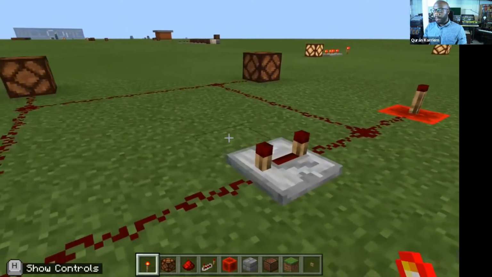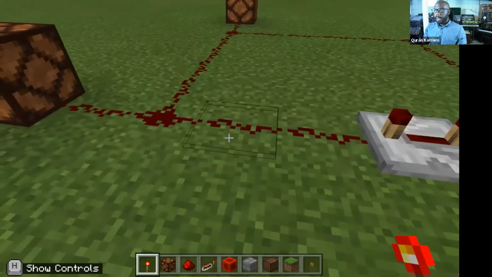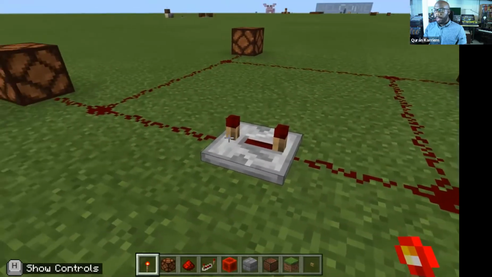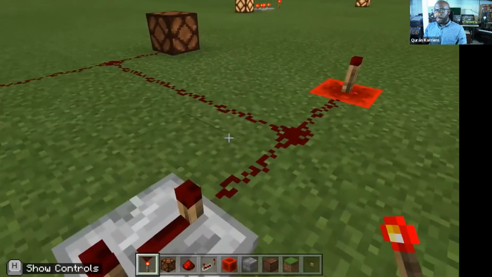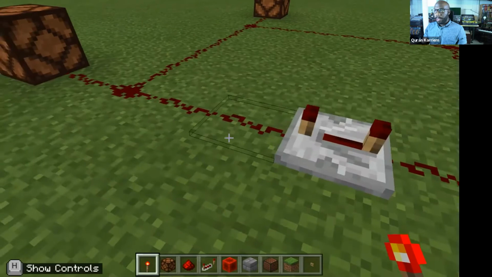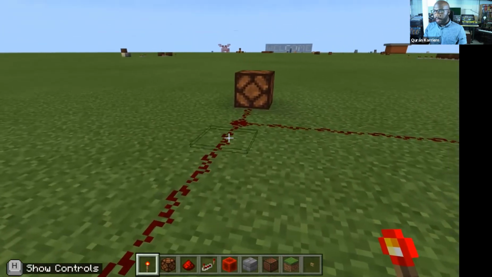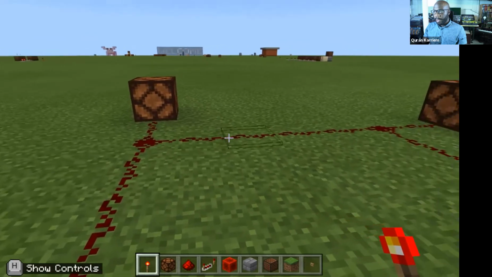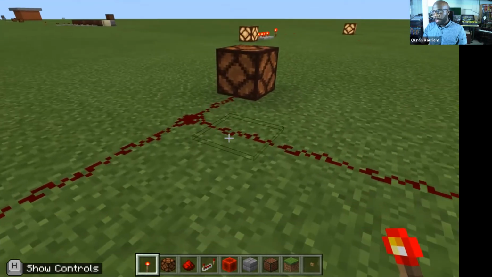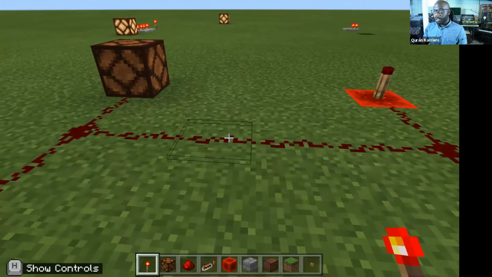What I need is another repeater to extend the range of this pulse so that it can go from this repeater and make it all the way back around to the input of this repeater. So from the output, let's go ahead and count 1, 2, 3, 4, 5, 6, 7, 8, 9, 10, 11, 12, 13, 14, 15. So that's as far as that energy is going to travel, right?